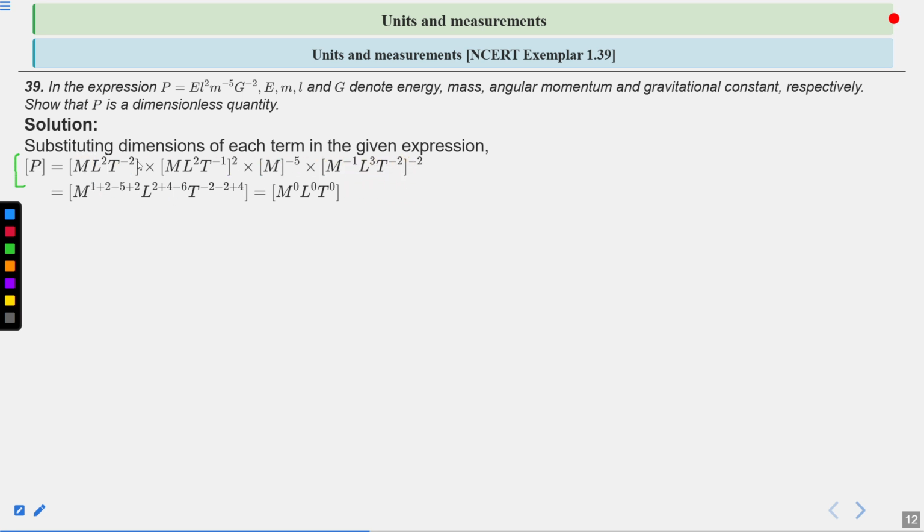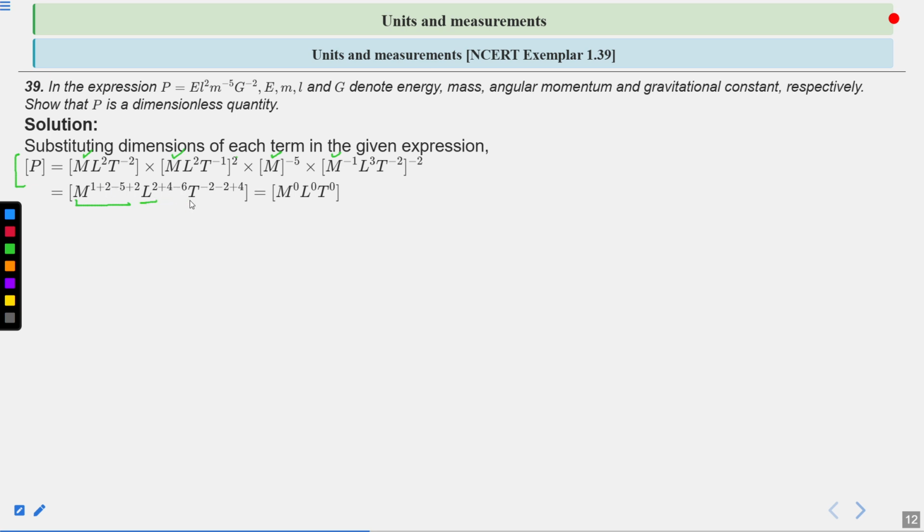So M raised to the power 1, here M raised to the power 1, M raised to the power 2 because after squaring it becomes M square, then M raised to the power minus 5, and M raised to the power plus 2. So it will become M raised to the power 1 plus 2 minus 5 plus 2.